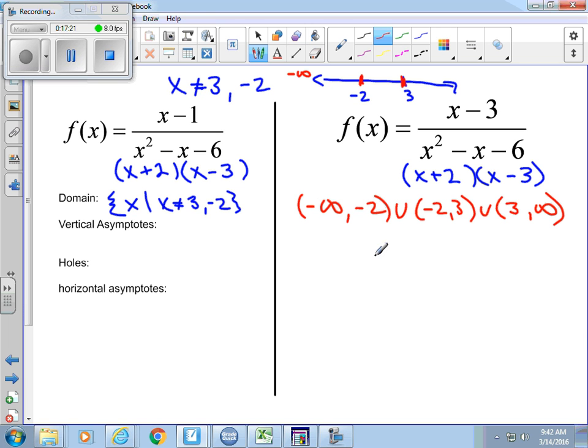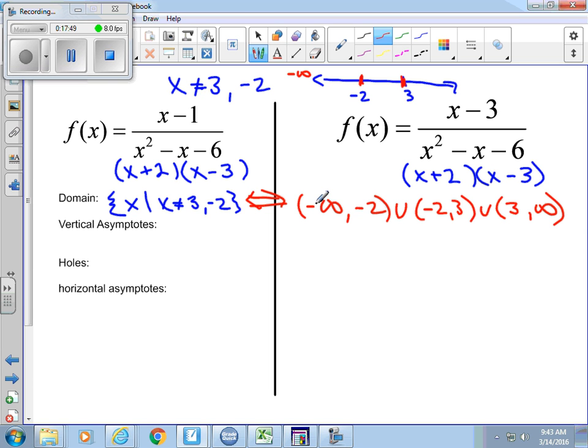They leave out the middle piece. Do you see why you need the middle piece? You can plug in 0, you can plug in 1, you just can't plug in the numbers -2 and 3. So both of these are correct. These are completely interchangeable. I want you to practice interval notation because it's harder. Y'all agree it's harder? Interval notation a little harder? So I think it's what we probably need to practice.